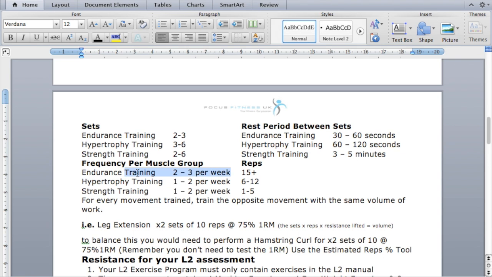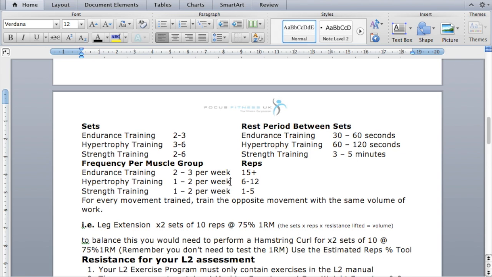It helps us to consider how many times we should train each muscle group per week for endurance training, how many times we should train each muscle group for hypertrophy training, and how many times we should train each muscle group for strength training.